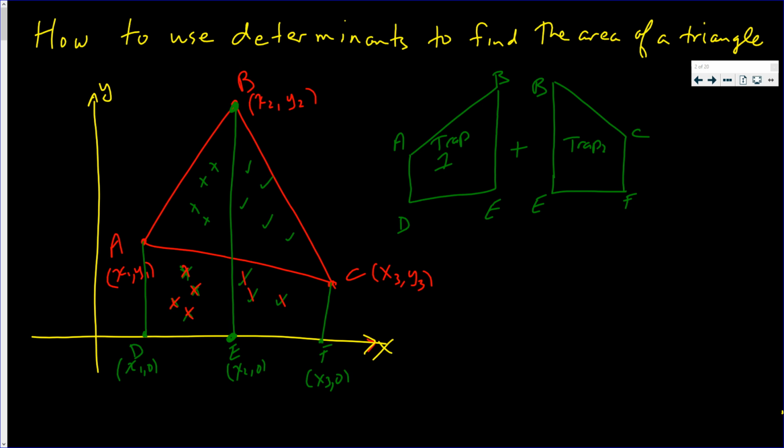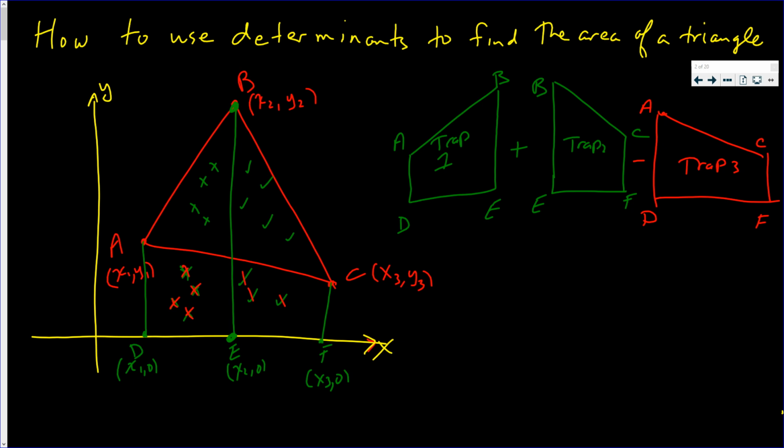Well, that's also another trapezoid. This trapezoid is D, F, C, A. This is trapezoid 3. And like I said, I want to take it away.